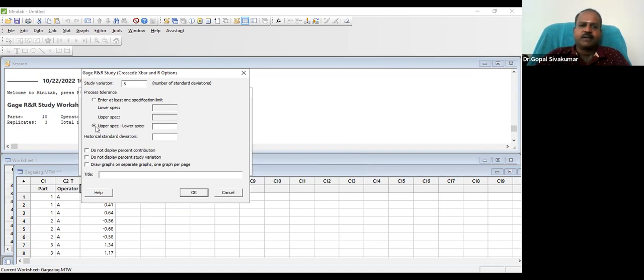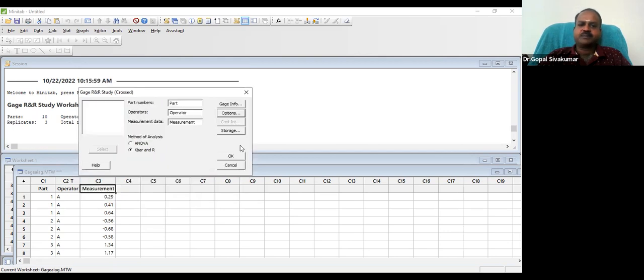If you don't know the spec, you don't have to give it, right? So let me give some assumption because the values are in 0.5. Let me say 1 unit is the spec, 0.5 on the right side, 0.5 on the left side. The total length here is 1, upper spec minus lower spec. Now I just give OK. Once again, I am giving OK.